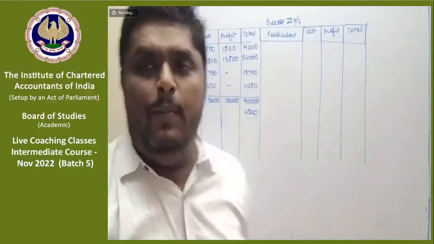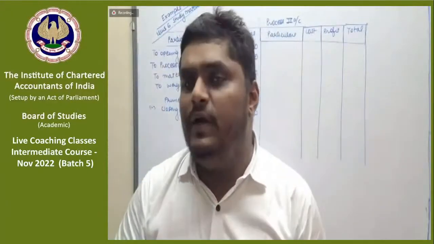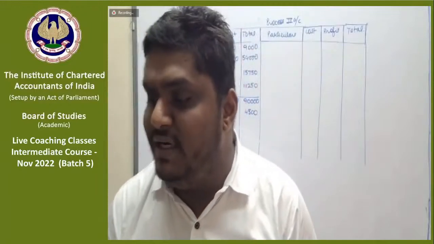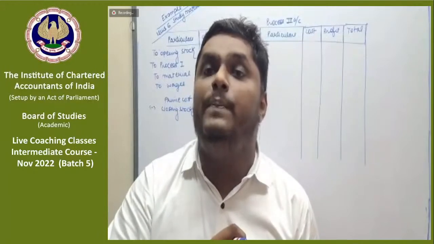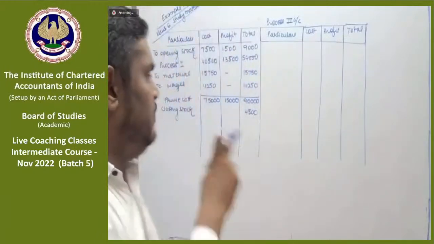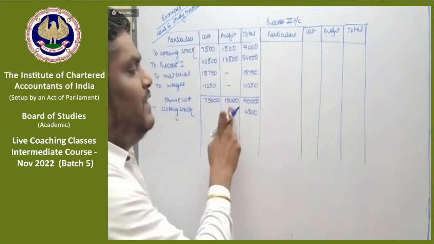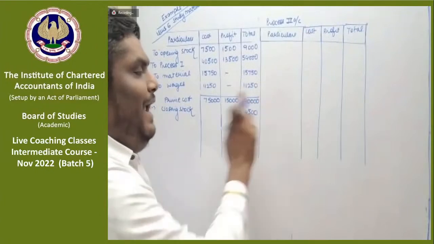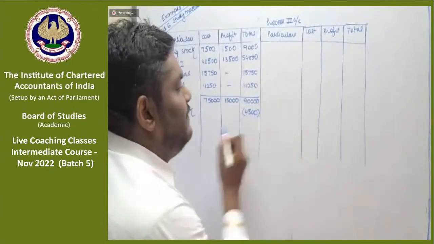Now, very important part, guys. We have to reduce the proportionate profit also. Herein in this question, it is given that stock in process is valued at prime cost. So we have already calculated the prime cost, and that is 75,000, 15,000 is the profit, and 90,000 is the selling price. Now closing stock is 4,500.